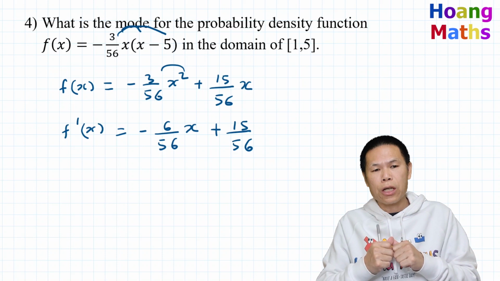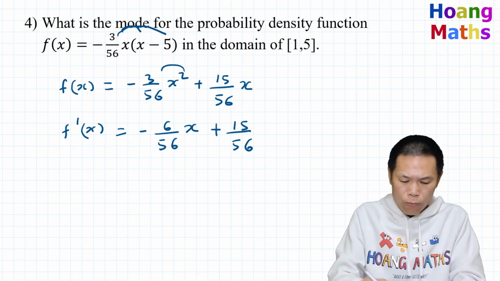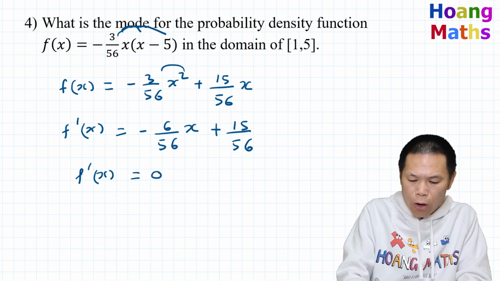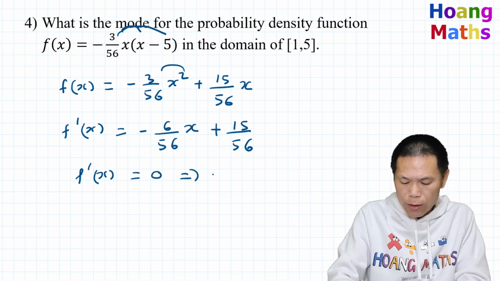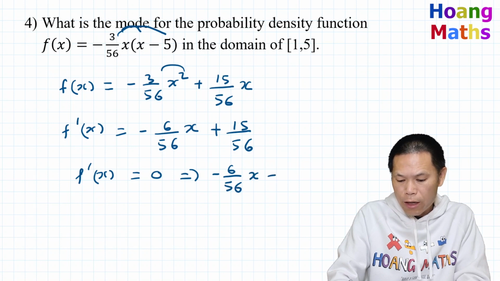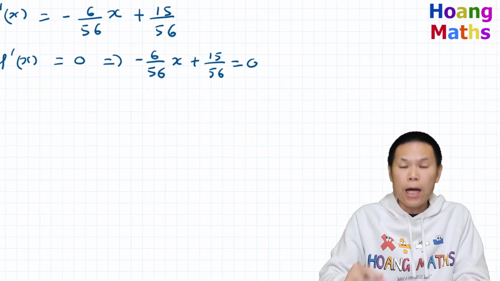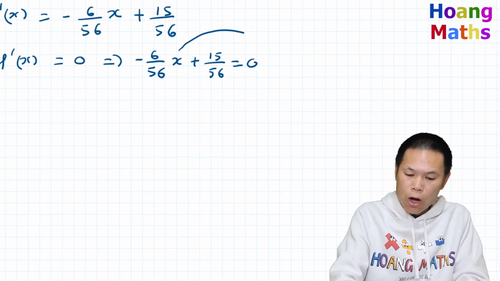So now we go f dash x is equal to 0. So this means that negative 6 over 56x plus 15 over 56 is 0. So I just move this one to this side.